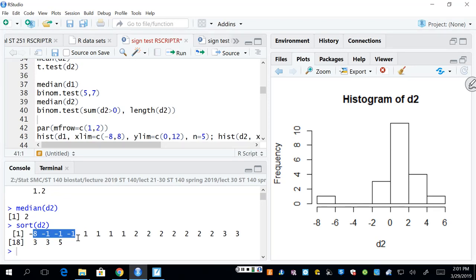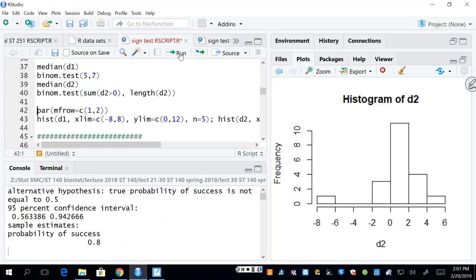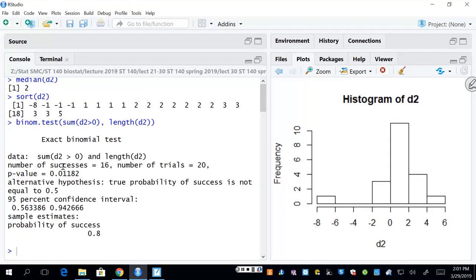Only 4 out of 20 people preferred A. And the binomial test, if you run that, does give you a p-value that's a lot less than 0.05. So a test for the median, in this case, is pretty conclusive that the median score is bigger than 0. There is a strong preference for B over A. It is significant. But if you do it based on the mean, with that outlier distorting things, it didn't quite pass the test.